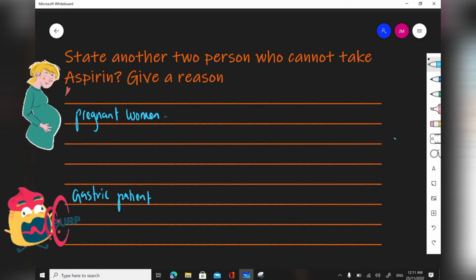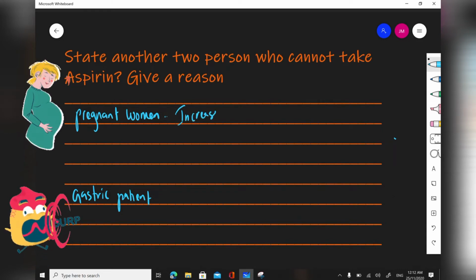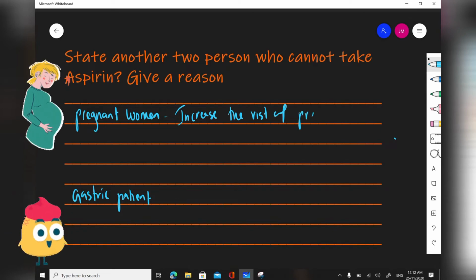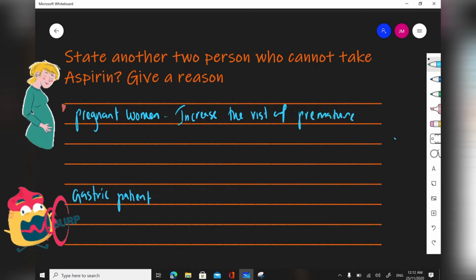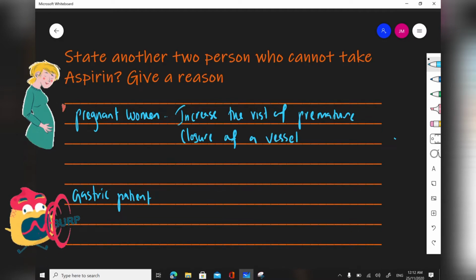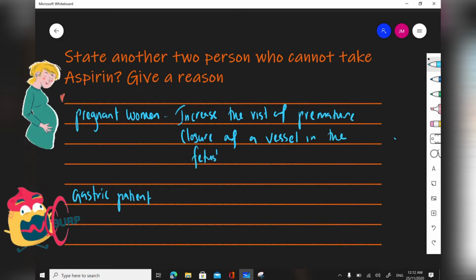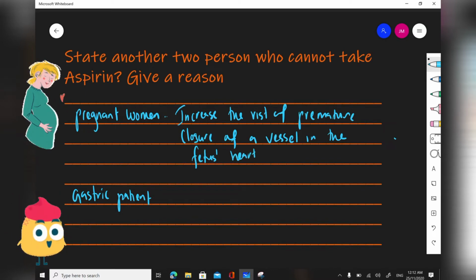For pregnant woman, aspirin can increase the risk of premature closure of a vessel in the fetus heart.